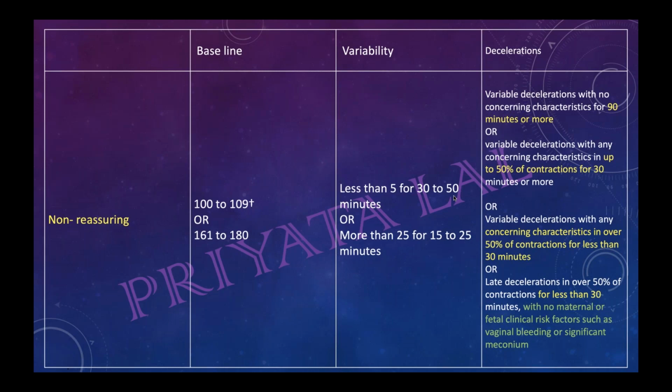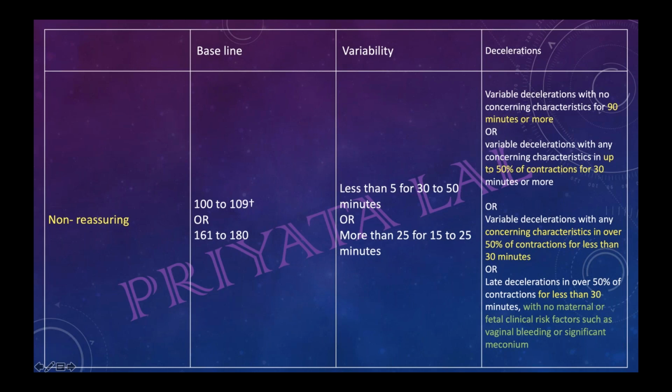So please take care how much strip they have given, whether it is 20-minute, 30-minute, 40-minute. On the basis of that only you will be able to mark this. So this is important to see how much time trace they have given to you.